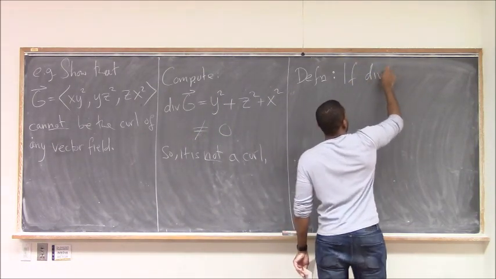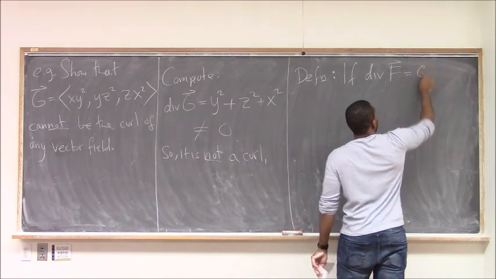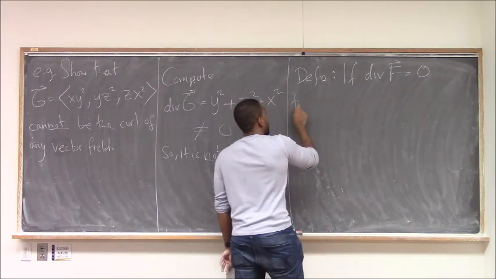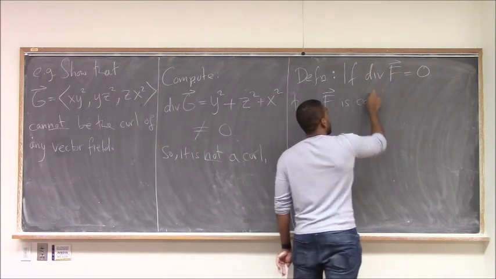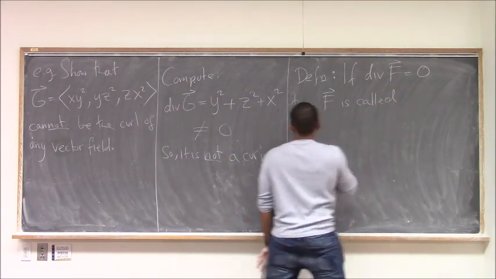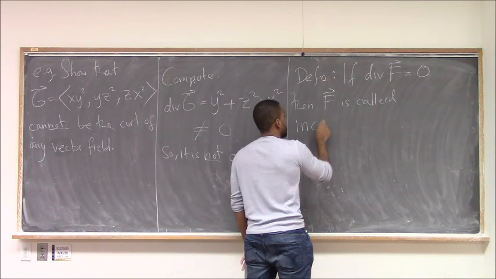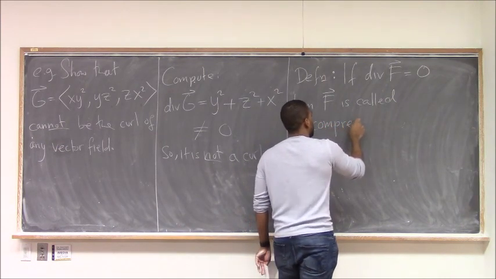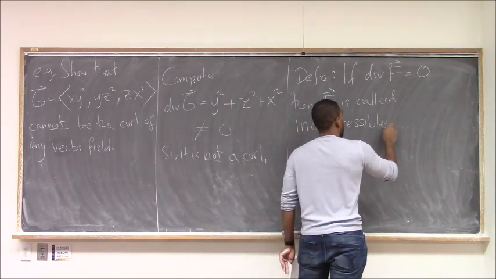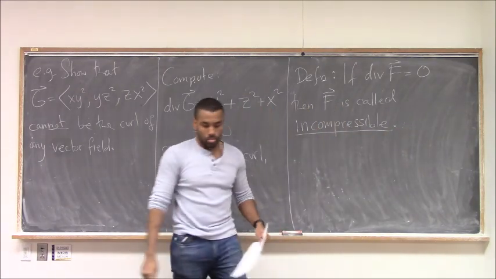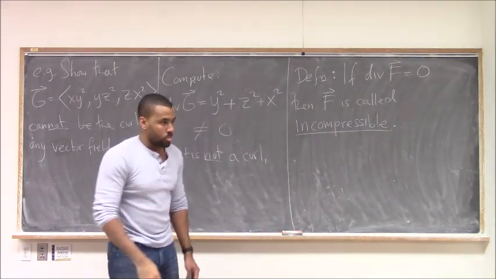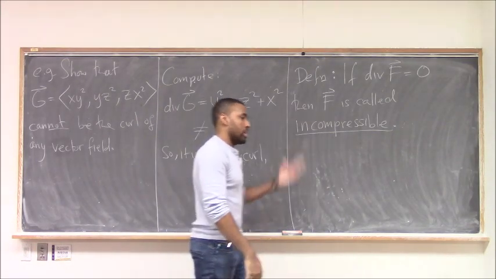If the divergence of a vector field is the scalar 0, then the vector field is called incompressible. And again, very suggestive.